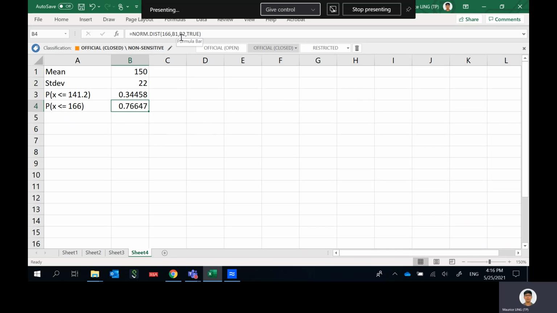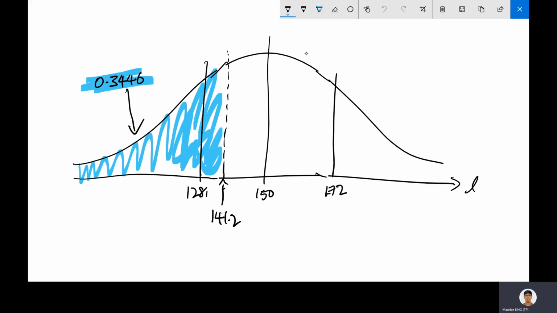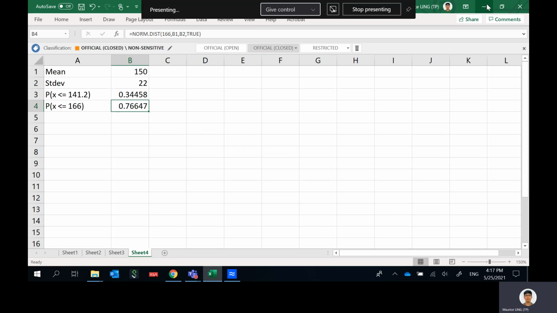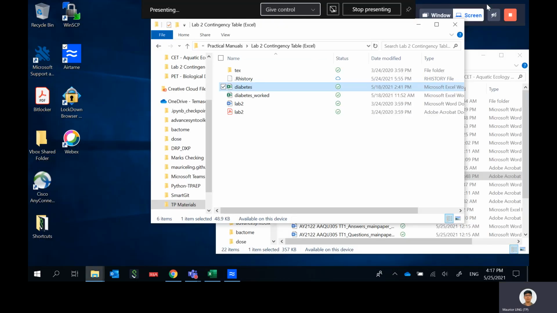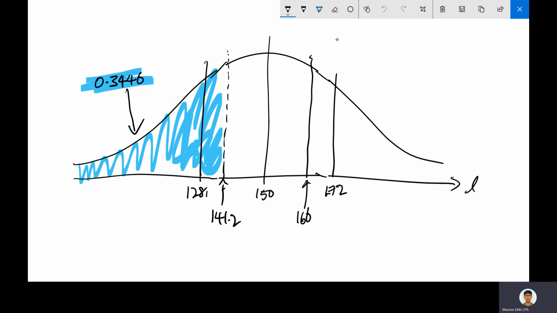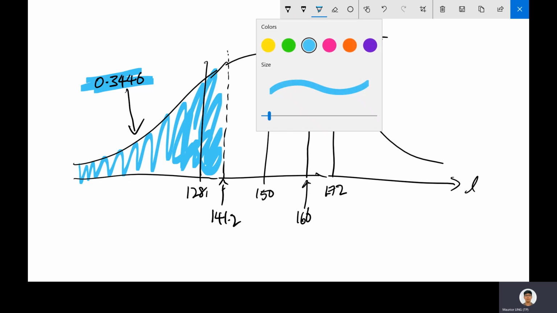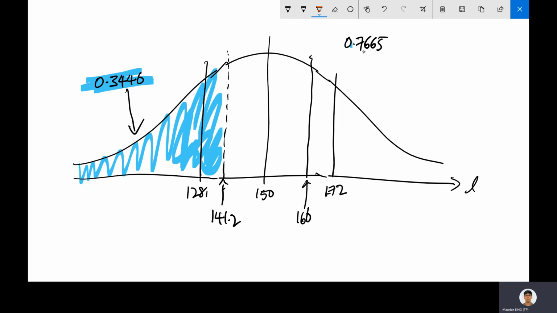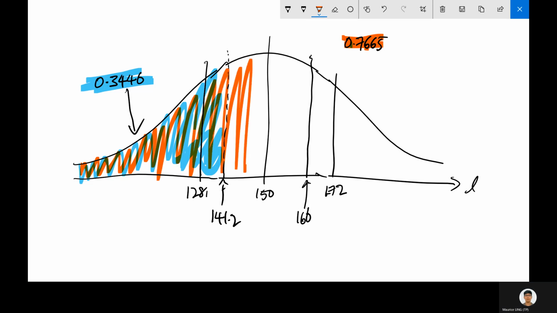What it means is 166 will be somewhere here, and this is 0.7665. Here we use a different color, orange. So this area is 0.7665. Can you find the area that is covered by the orange alone?